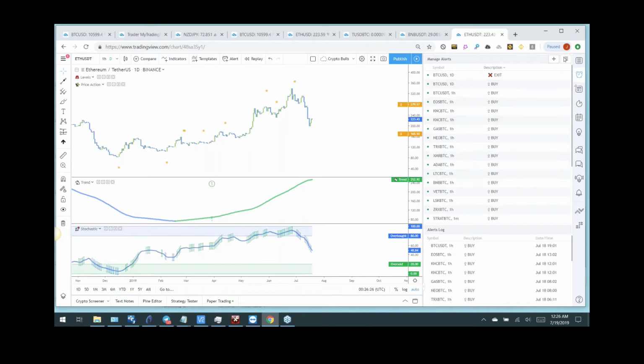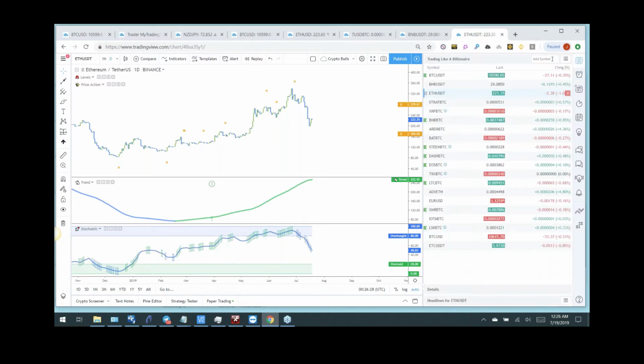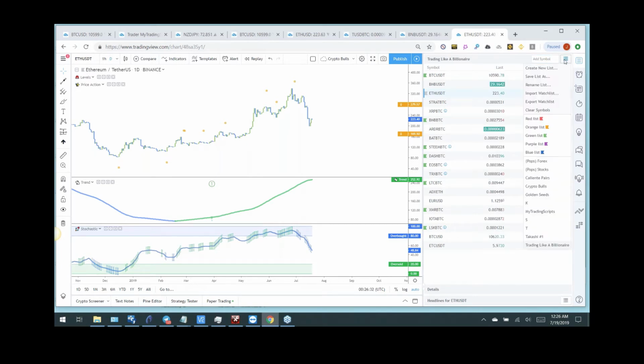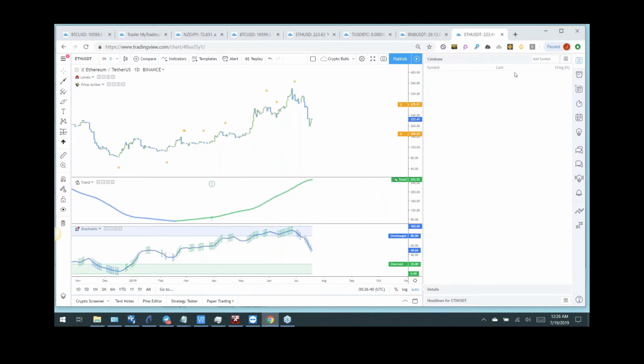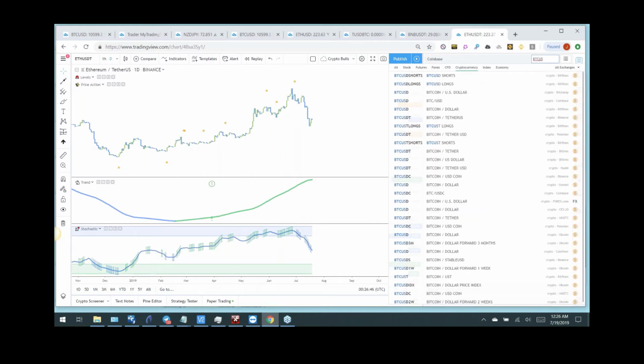And over here in the watch list, right now we're working more with Coinbase. So what is really cool is you can create a new watch list. And all this is done within seconds, which before it never used to be like that. It'll take time in here to get set up.